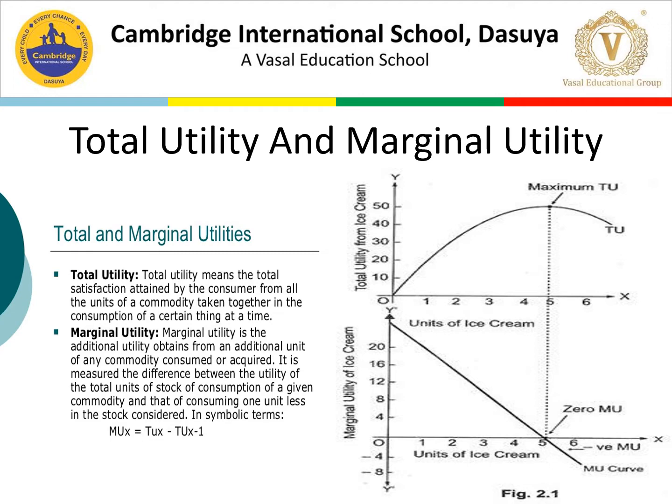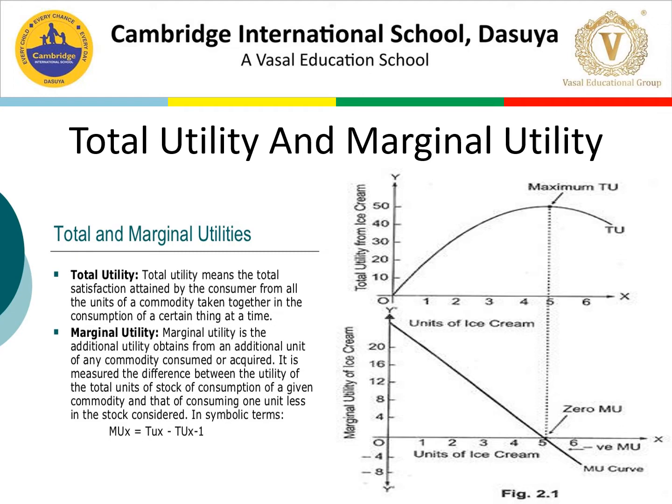When we add all the satisfaction, all the utils of all the units we consumed, it is total utility. The formula is TU(n) = U1 + U2 + U3 and so on till Un. That is how we calculate the total utility.